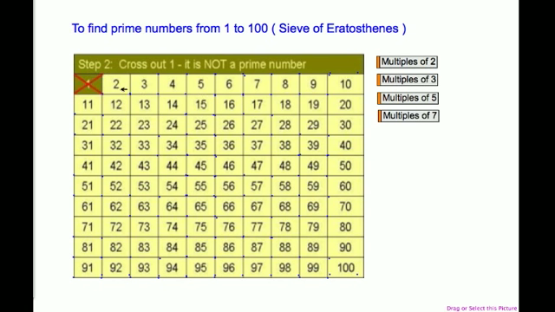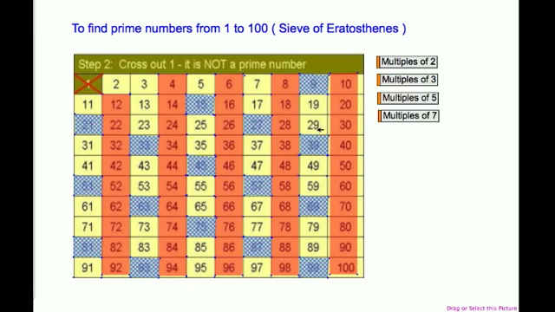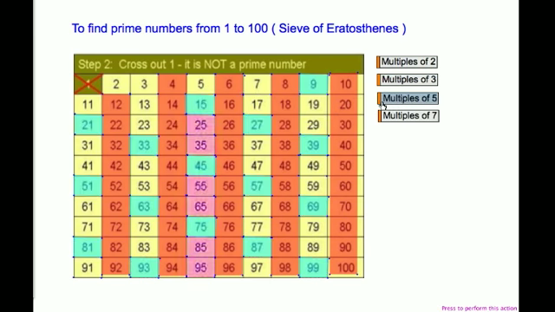Next, we look at the first prime number, which is 2, and we cross out all the multiples of 2. Once we have finished, we look at 3, which is the next prime number, and cross out all the multiples of 3. And similarly, for the next prime number 5, we cross out all the multiples of 5.